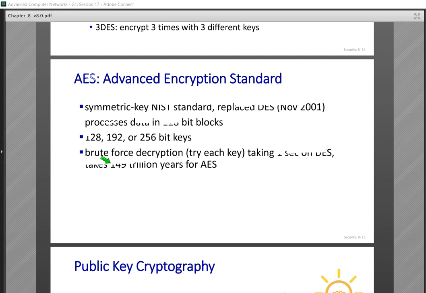This shows the strength and the amount of strength in the AES strategy.